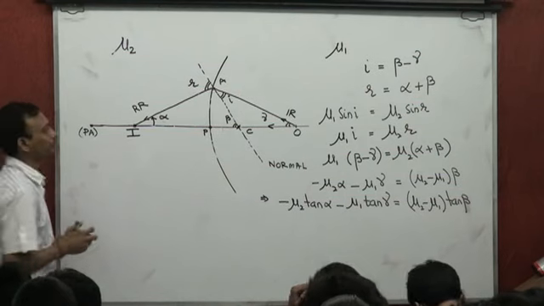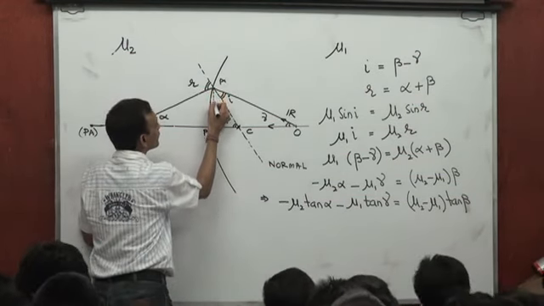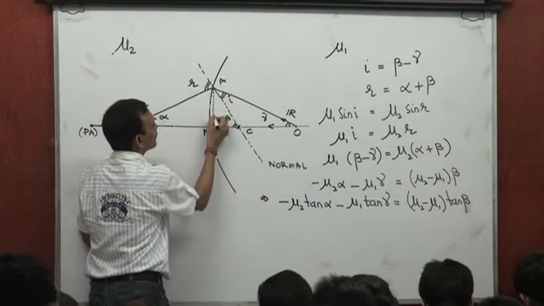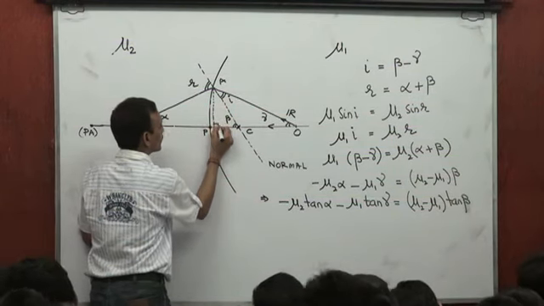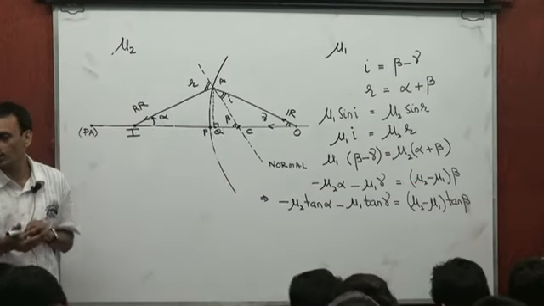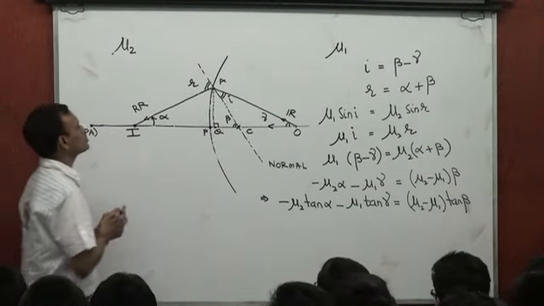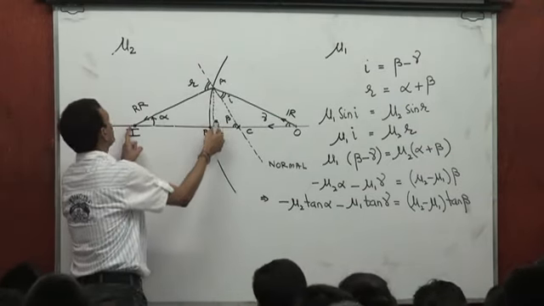From A, drop a perpendicular. This is Q. PQ, like before, is really small because A and P are very close to each other. What's tan alpha equal to? Tan alpha is AQ by QI.